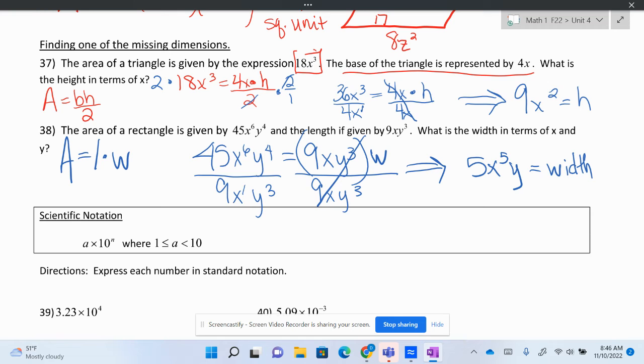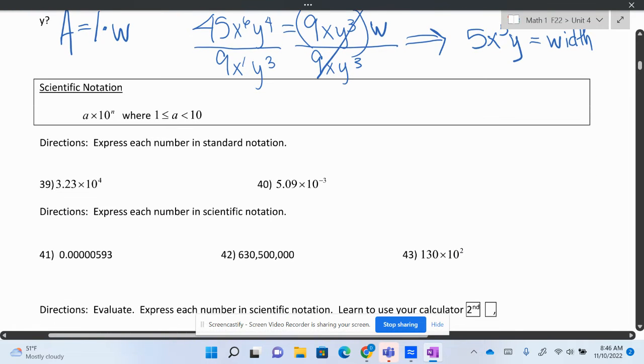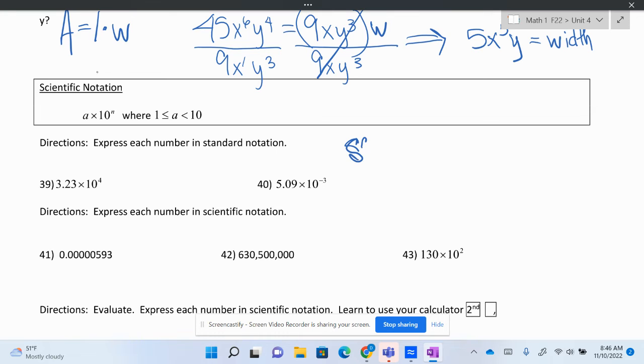Okay. I'm going to do a couple of the scientific notation. So remember what I said. If you're going from scientific notation to standard, that's what, like when we write numbers out regularly, like 2000, 20000, that's called standard form.